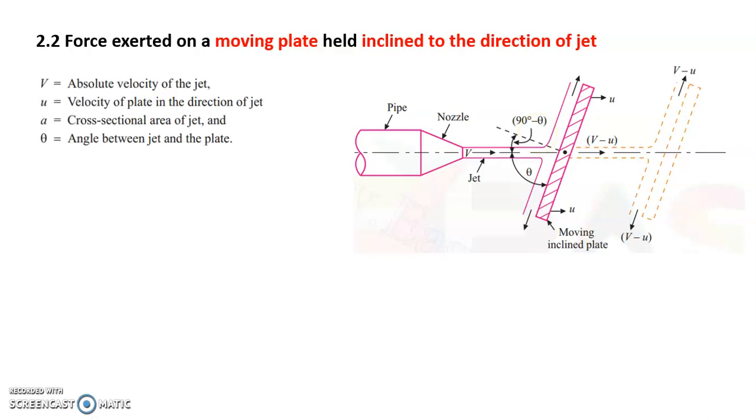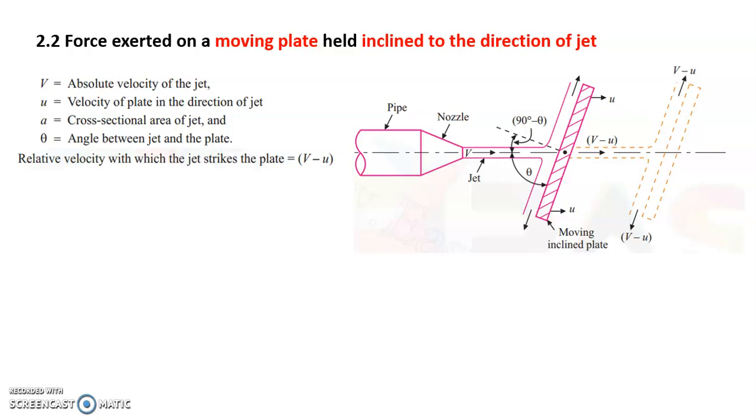So if v is the absolute velocity of the jet, u is the velocity of the plate in the direction of the jet, a is the cross-sectional area of the jet, and theta is the angle between the jet and the plate, to be precise between the axis, the relative velocity with which the jet strikes the plate is not v, it is v minus u.